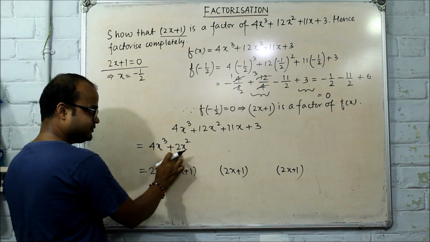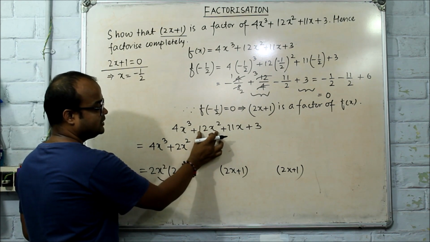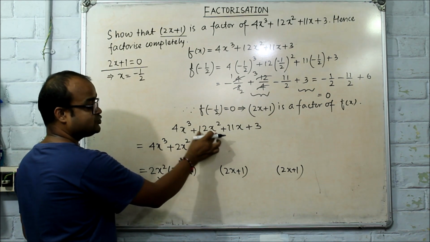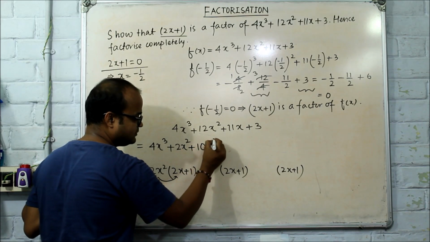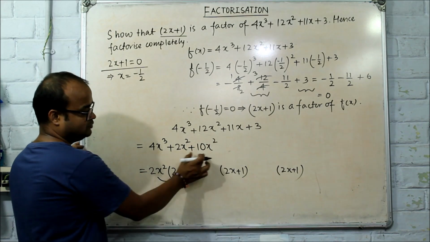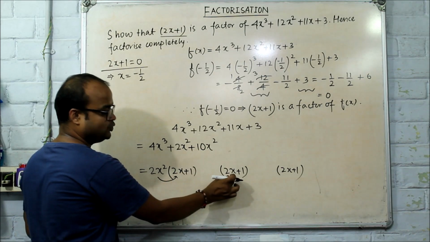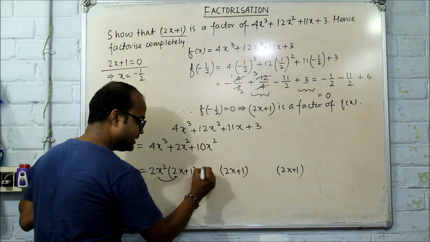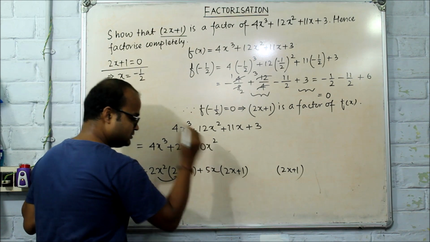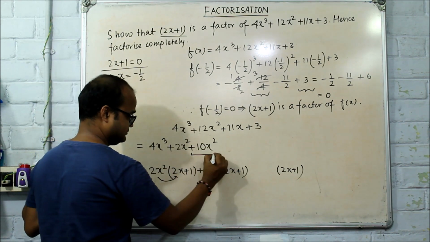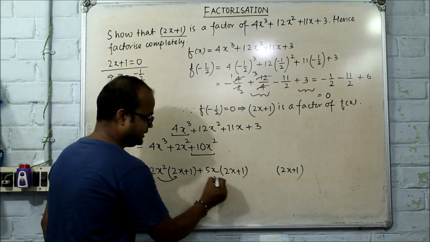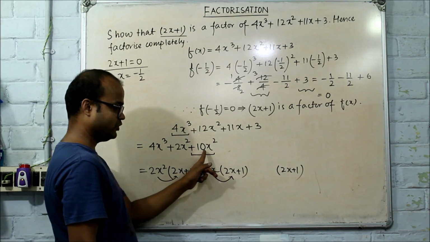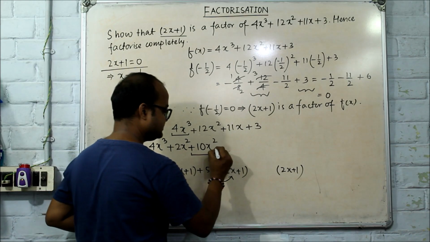Now we are writing 2x square and in the given polynomial it is 12x square, so we need to adjust with 10x square. Now 10x square divided by 2x is equal to plus 5x. We will consider the sign. So if you multiply, you will get 10x square, which we already wrote, plus 5x.